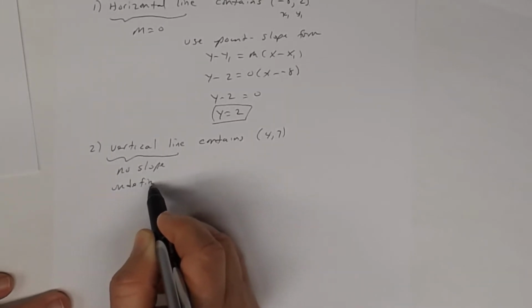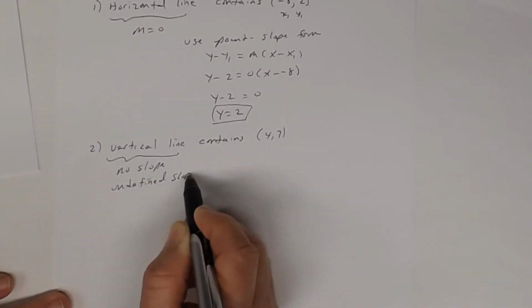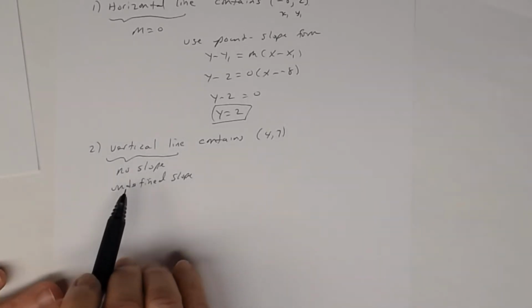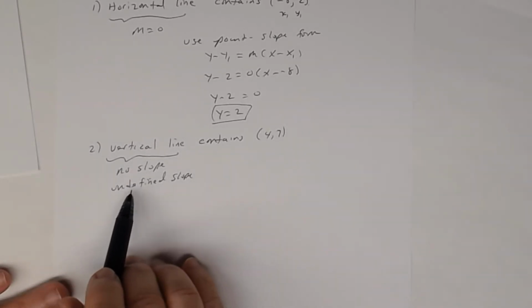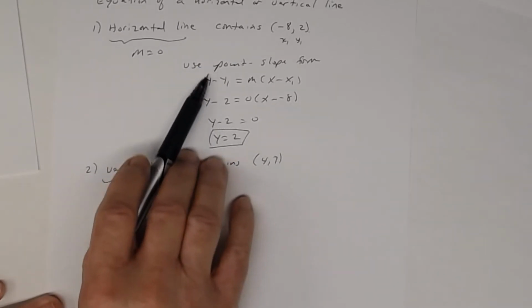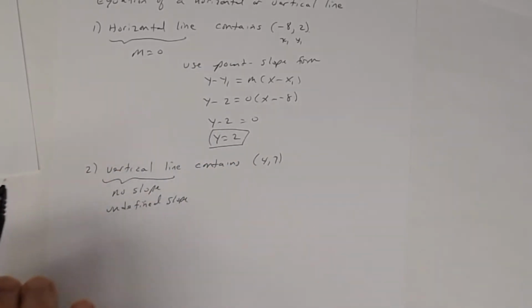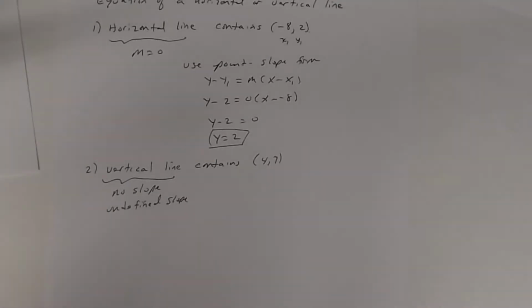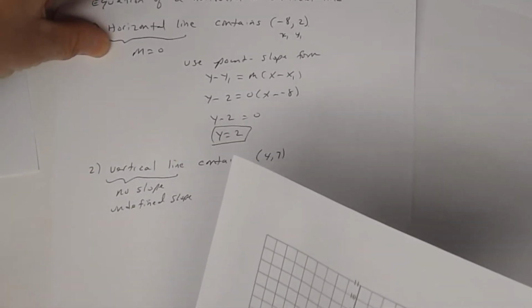Since the slope is undefined, I cannot use this idea here. So I am forced to use this approach.